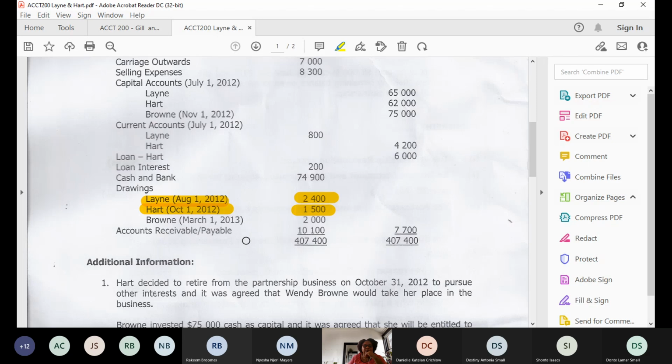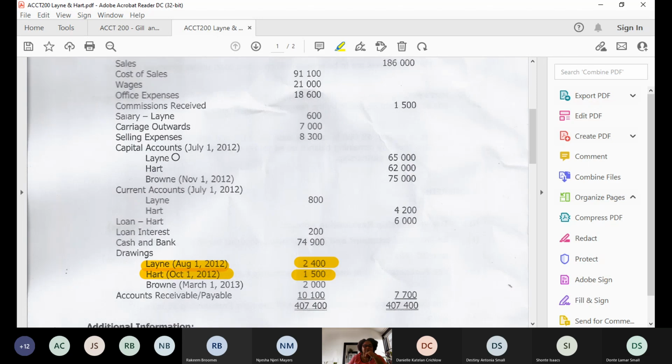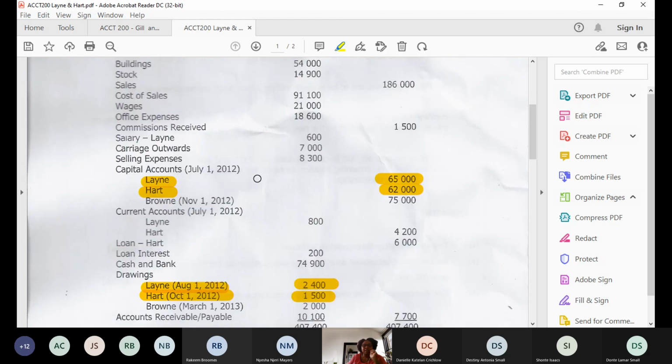We also noted we have to do interest on capital. Under the old agreement, at the beginning of the financial year, Layne's capital account was $65,000 and Hart's capital account was $62,000. We cannot charge any interest on capital for Brown, because Brown was not in the old agreement.